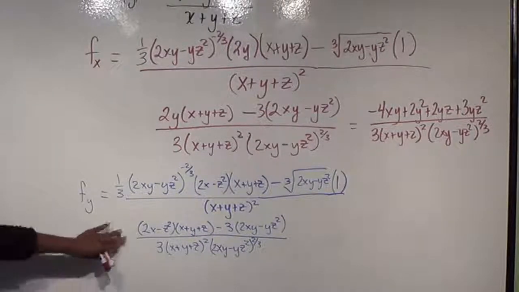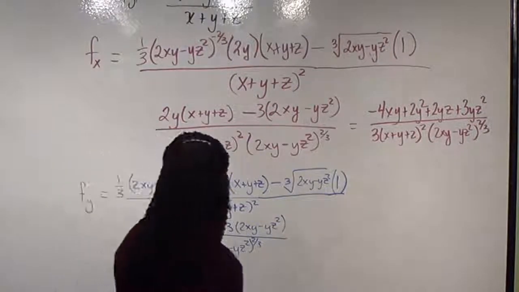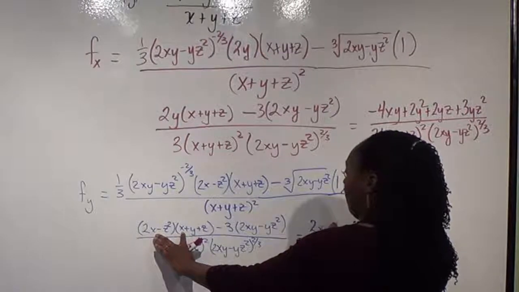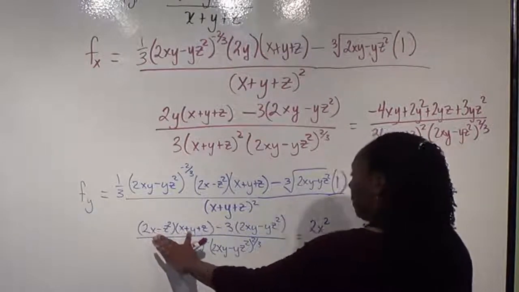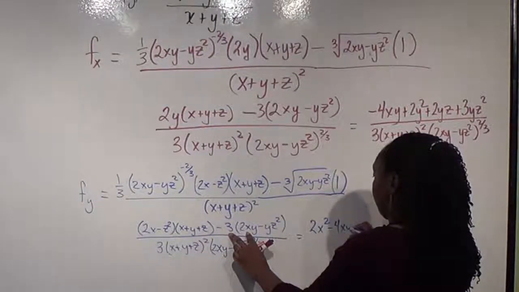Okay, again, cleaning this up, so we're going to do some distributing here. We'll get a 2x squared plus a 2xy minus a 6xy.